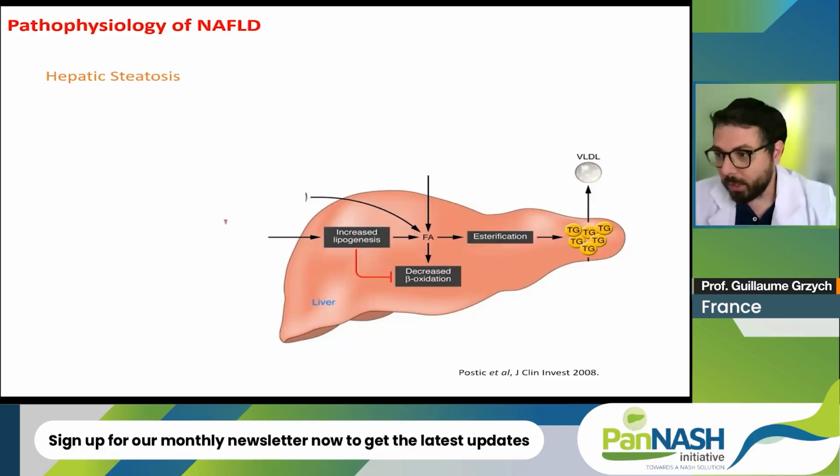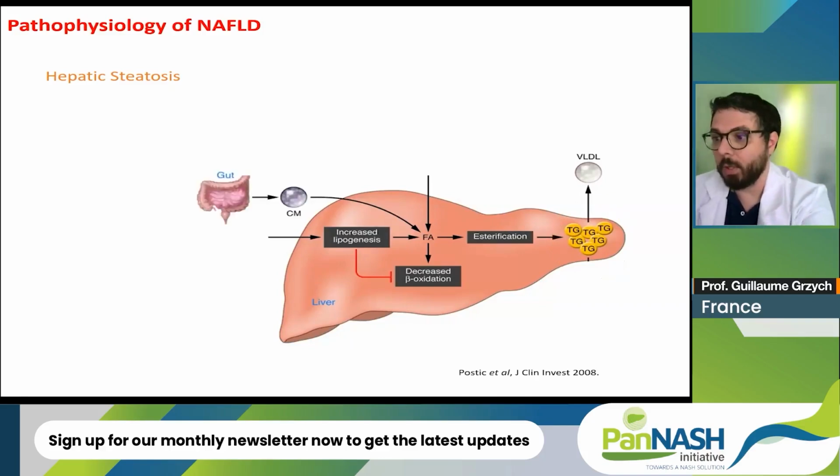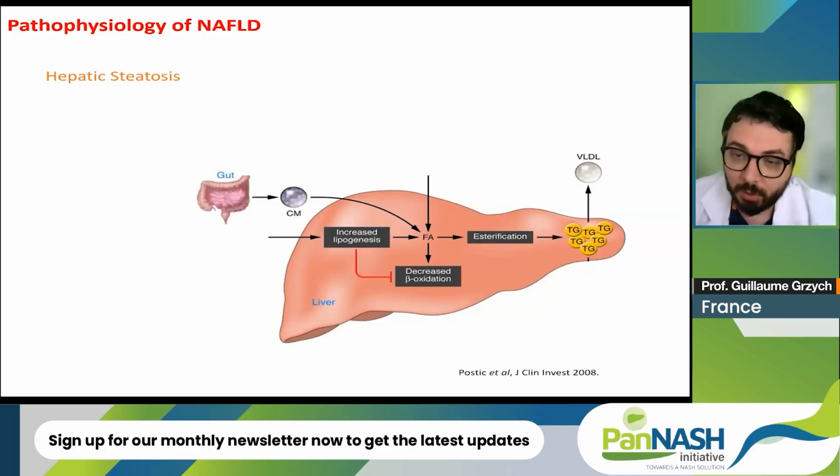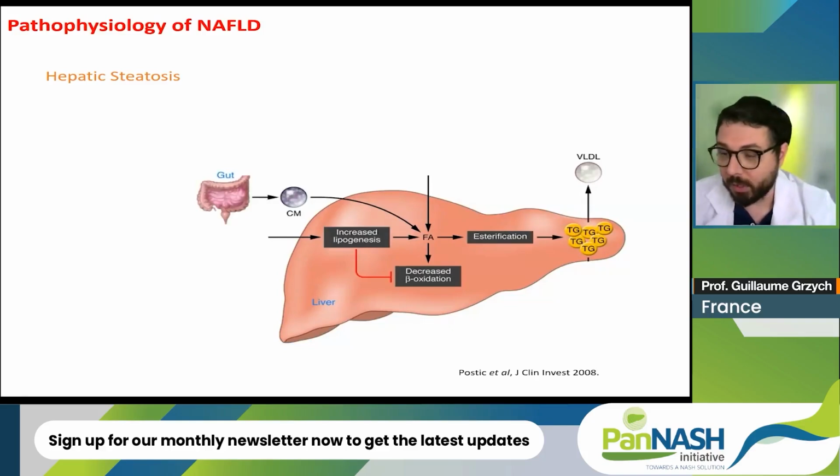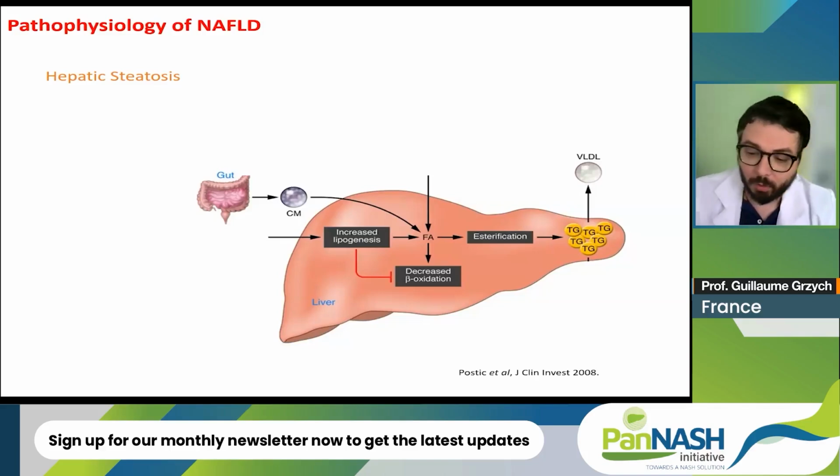The fatty acids can come from the gut, from nutrition, from food. When you take in a lot of fatty acids, you can have a lot of triglycerides in your liver.